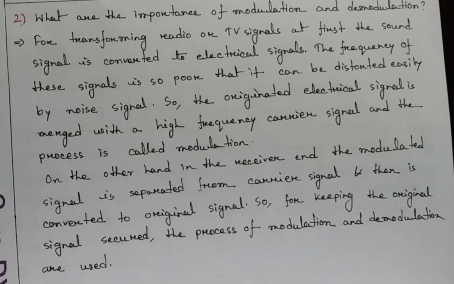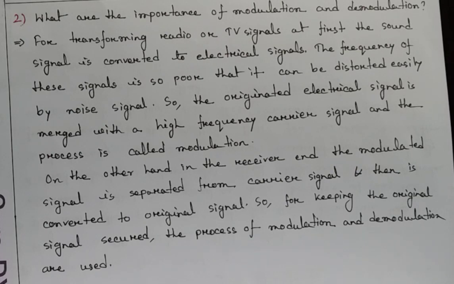On the other hand, at the receiver end, the modulated signal is separated from the carrier signal, because what is transmitted is a combination of the main signal and the carrier signal, and so we have to separate the original one from the carrier signal, and then it is again converted into the original signal.